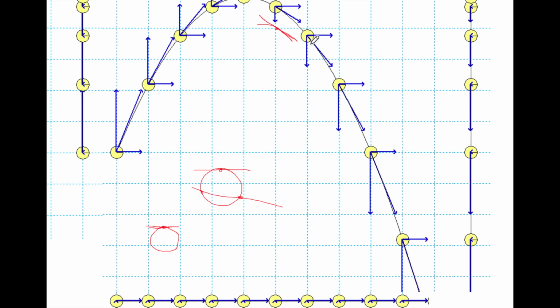In other words, if I extend that line straight back, it's only touching the arc right there.